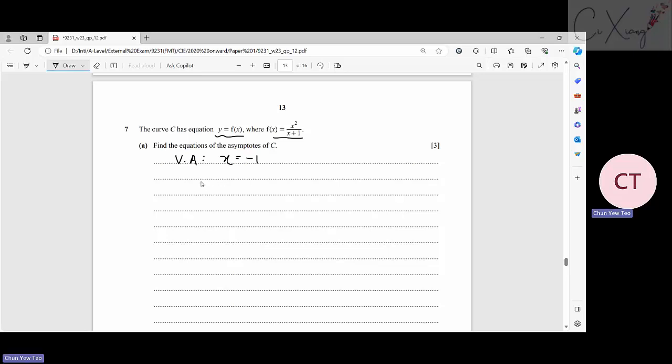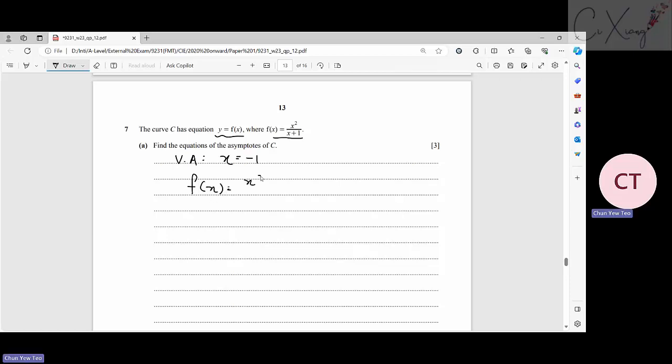For the oblique or slant asymptote, we need to use long division to reduce it, or you can straight away do it like this, because this one is an improper fraction.